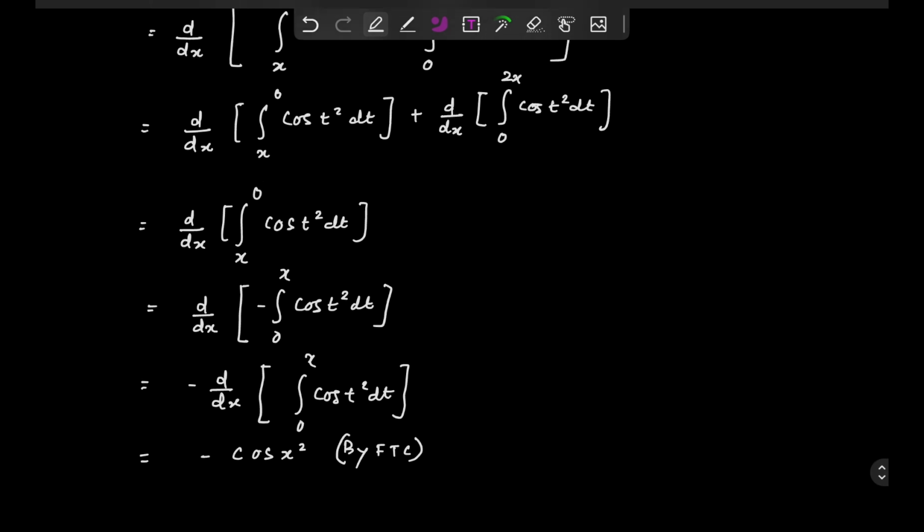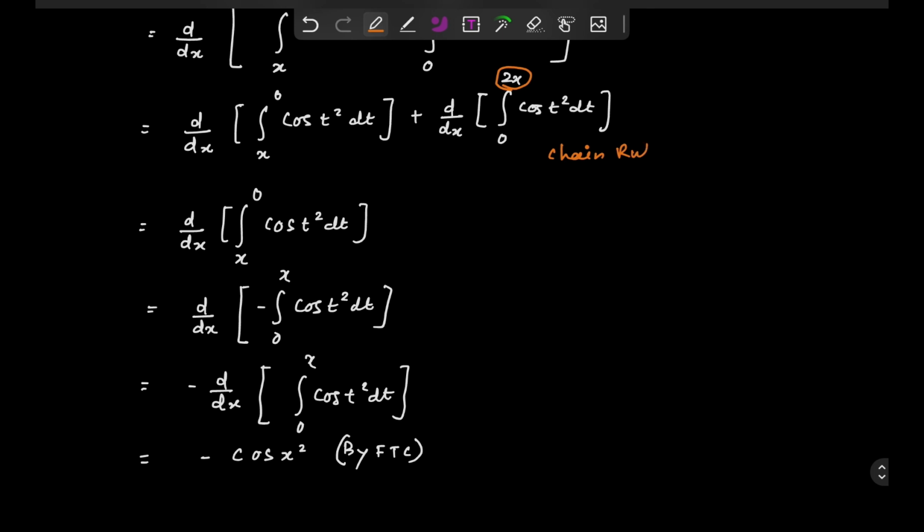Second part, the upper limit is 2x. It is not x. So you have to apply the chain rule here. Chain rule you have to apply to solve the question. What you do here? Let u equal to 2x and let y equal to the integral from 0 to 2x of cos t square dt.